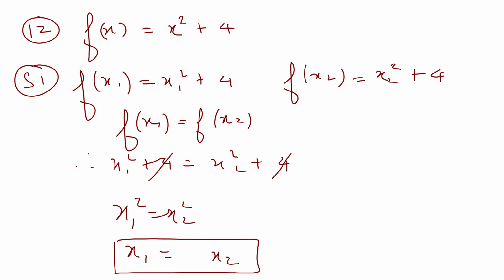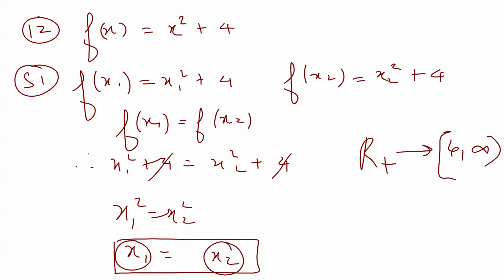Look at the mapping, R plus and 4 to infinity they have given. These x1 and x2 values belong to the first set, and this is y. So these are positive real numbers only. There is no question of taking the minus sign. Hence x1 equal to x2.